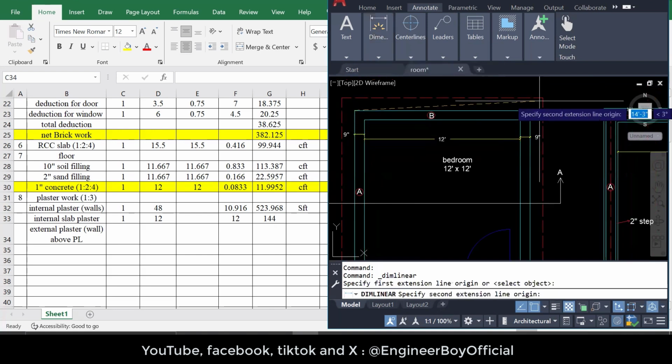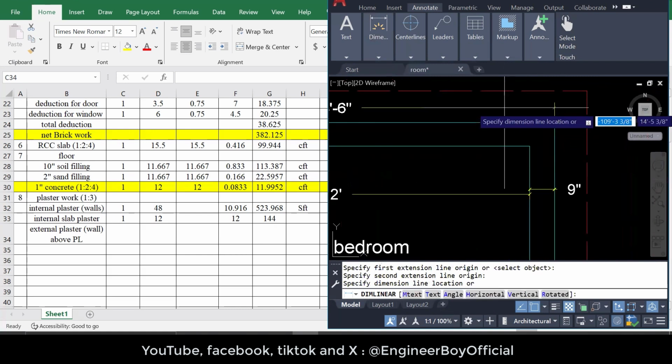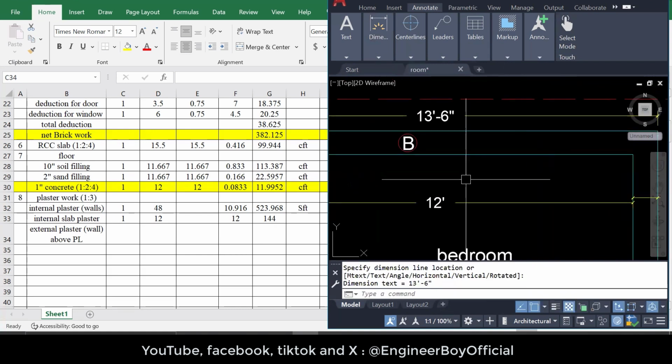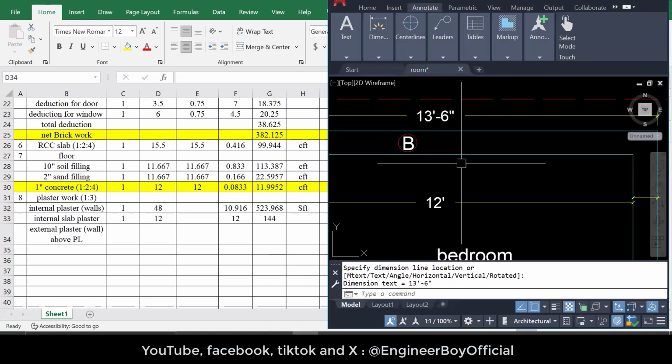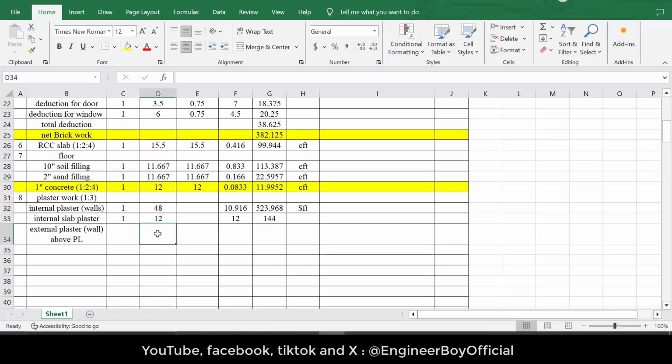So this and this, you can see, it is just 13 feet and 6 inches, or you can say 13.5. Now there are four sides, because it is a square. That's why I'm going to multiply that 13.5 with 4, and that's going to give me the length, which is actually 54. In number, I'm going to put only 1.